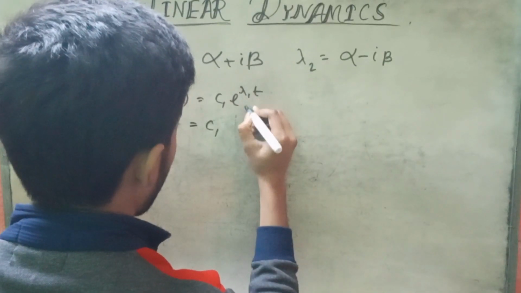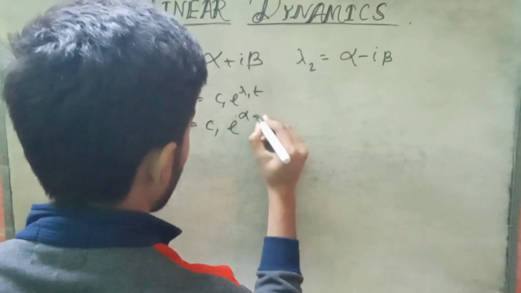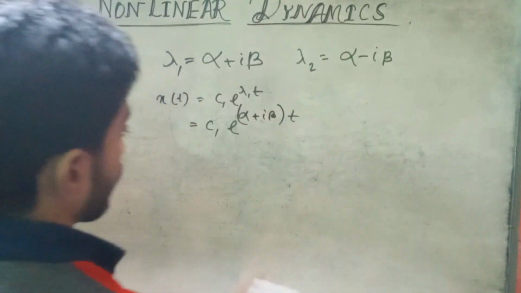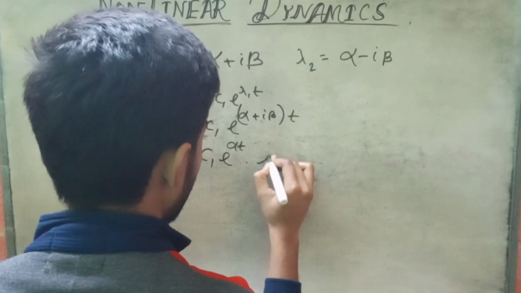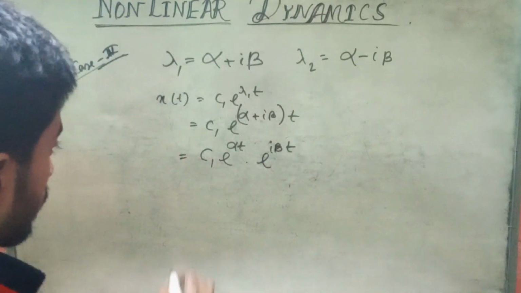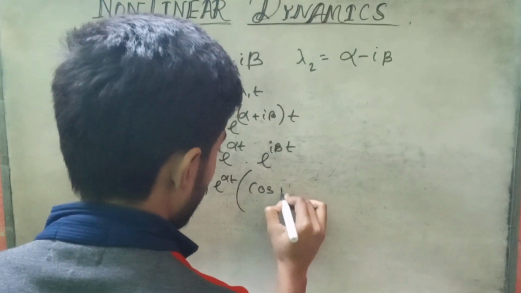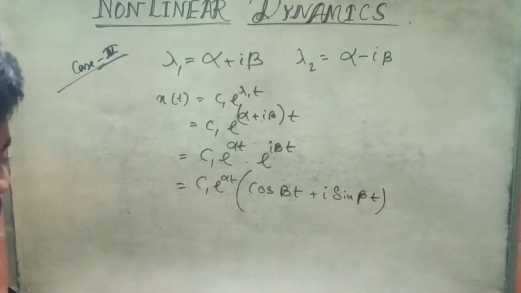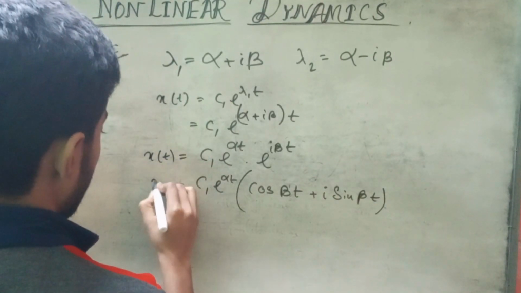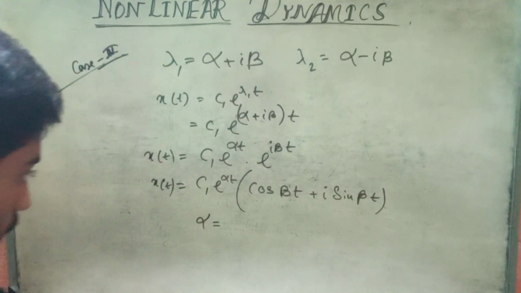This is c1 and this is e to the power alpha plus i beta times t. So c1 e to the power alpha t times e to the power i beta t. If we simplify this, it gives cos beta t plus i sin beta t. So this is x(t), and this is alpha. This alpha is a deciding factor.